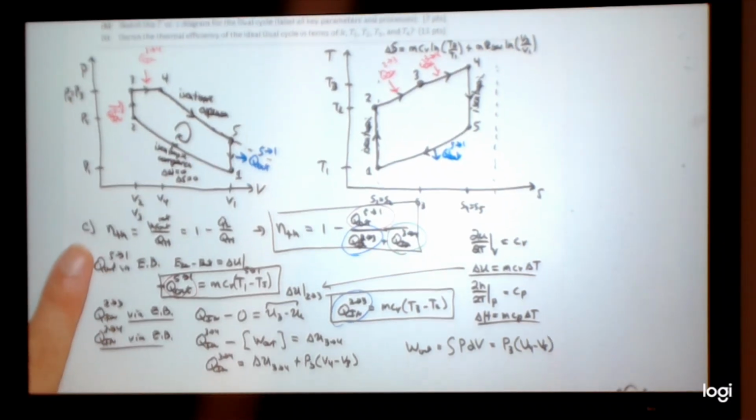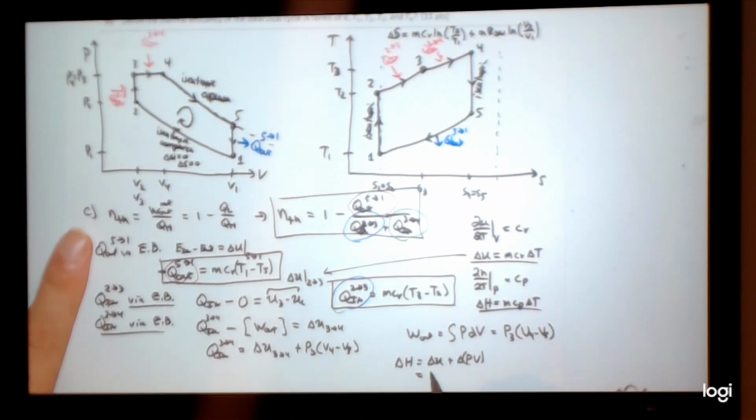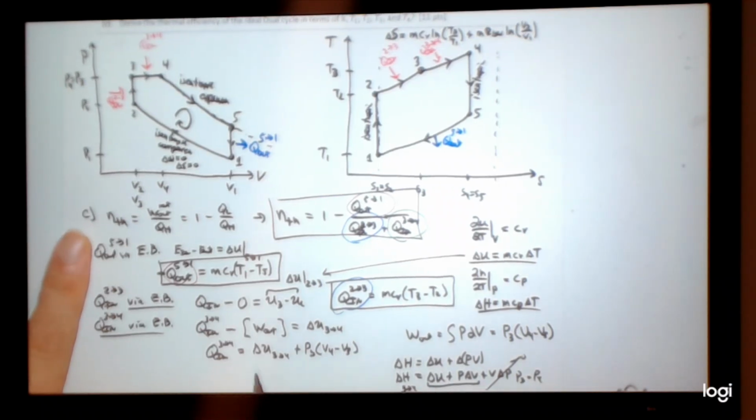Well, the interesting thing is delta H equals delta U plus delta PV, which equals delta U plus P delta V plus V delta P. Constant pressure process, that term is 0. P3 equals P4. So my delta H 3 to 4 equals that, which is this. So I have a delta H 3 to 4, which equals mCp (T4 minus T3).